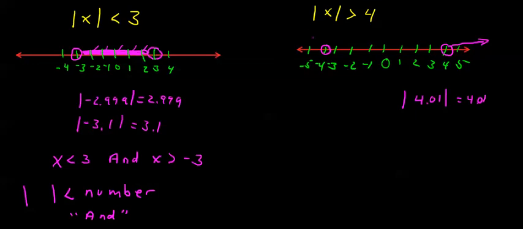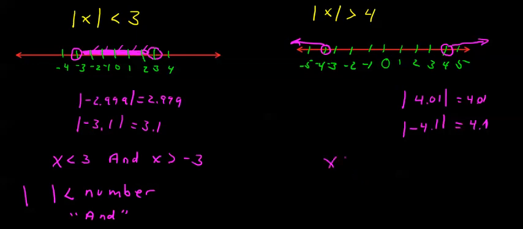Now we said negative 3 was 3. That didn't work. How about negative 4.1? 4.1, that's greater. Absolute value of negative 5 is 5. That's greater. Negative 7 is 7. That's greater. Everything to the left. Well, thinking back to our graphs from the last couple days, this is an OR.